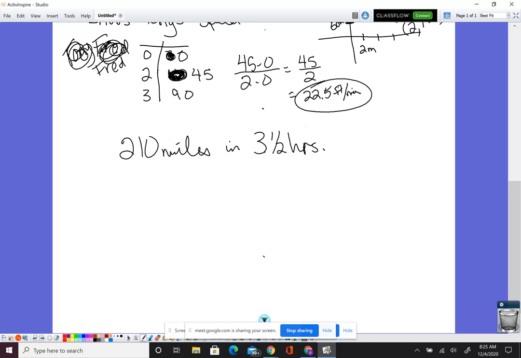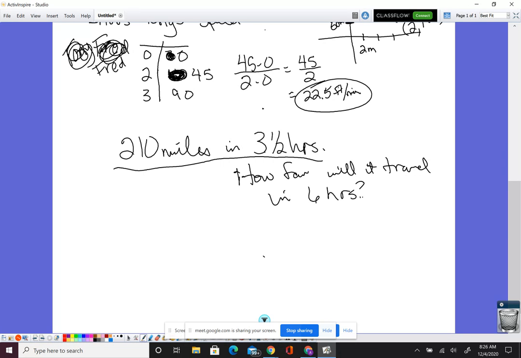How far will the bus travel in 6 hours? So on this one, we're going to look at the known condition and figure out how many miles per hour he travels.